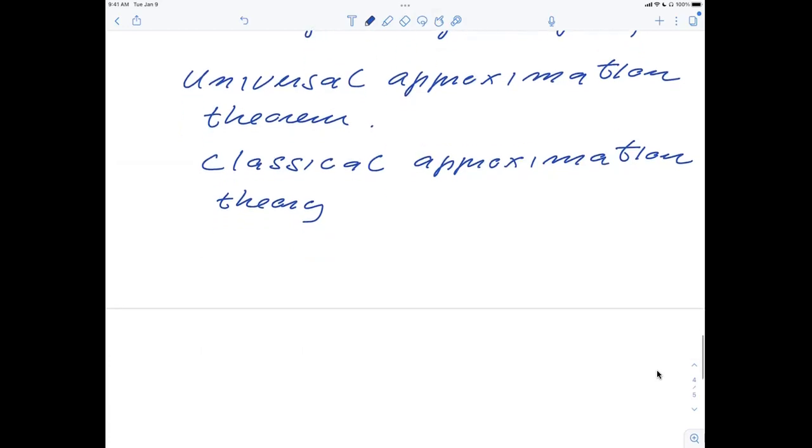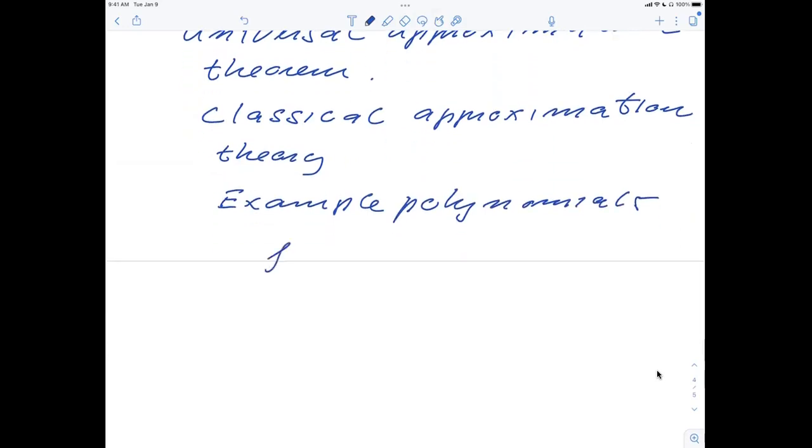So if we take the polynomial example, then what we have is a function of x, which depends on some parameter theta. And we know that in principle, there is no upper bound on the polynomial.